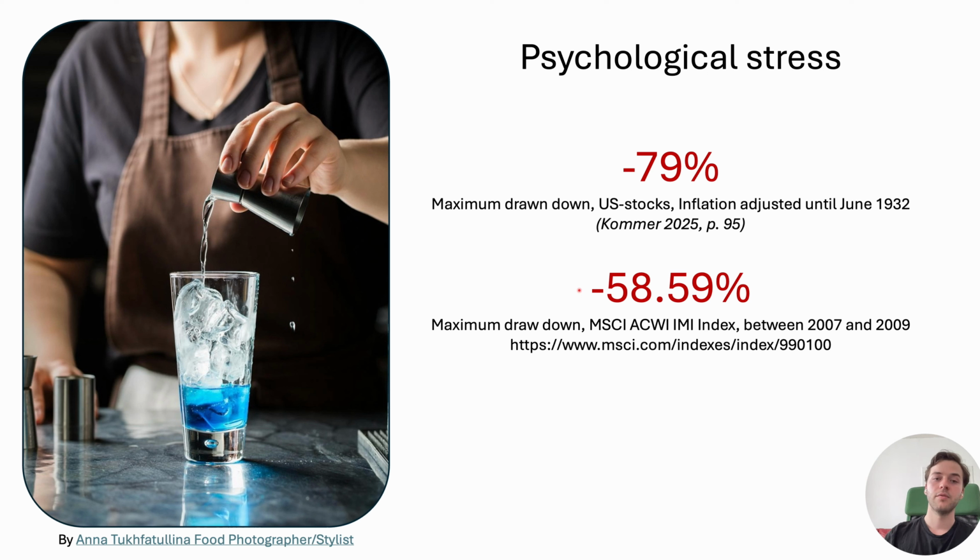Many people will be stressed out by that. Some people, if they see their portfolio go down nearly 60%, will not be able to sleep well anymore. And at the end of the day, optimizing our portfolio is not just about optimizing our return on investment, what counts is our life quality, how much we can actually enjoy having this portfolio.